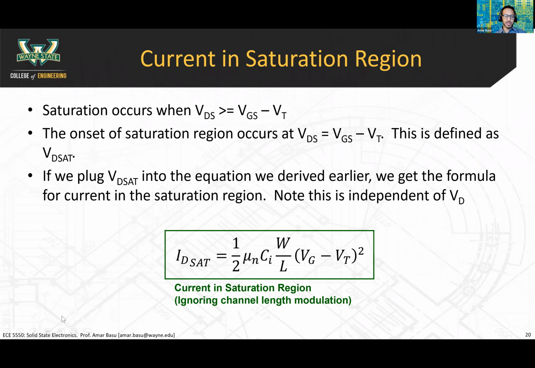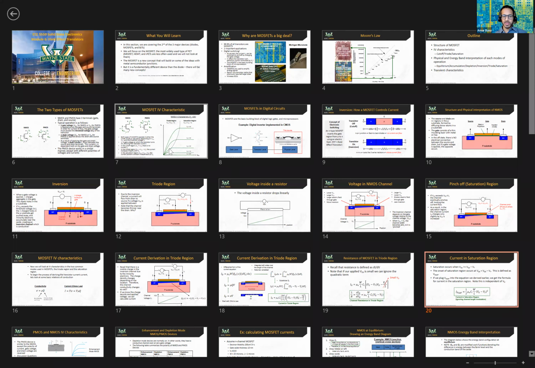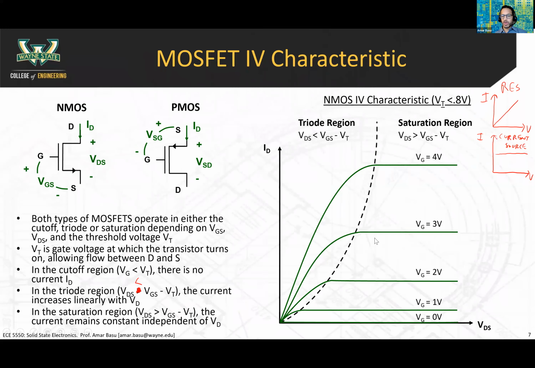Ideal behavior means the IV characteristics look like this, where this line is completely flat. We'll find out later, due to something called the early effect, that there's actually a bit of a slope here. But we'll get to that a little bit later.